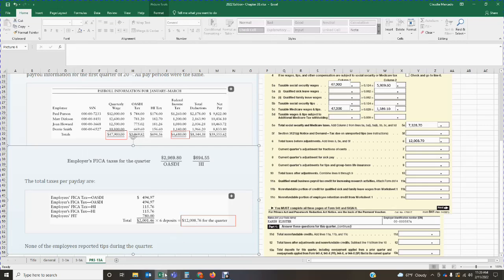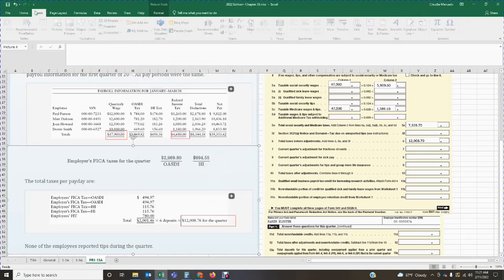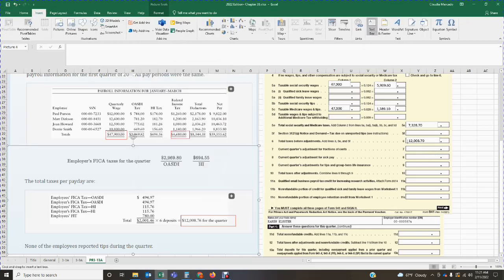So we have an adjustment, okay? We have the $12,008.76 minus what the form gave us, which was $12,008.70. We have an adjustment of 6 cents, okay? That adjustment is going to be placed in line number 7, okay? It's what we calculated on the form versus what we made in deposits. That is the amount of the adjustments, 6 cents. Okay.